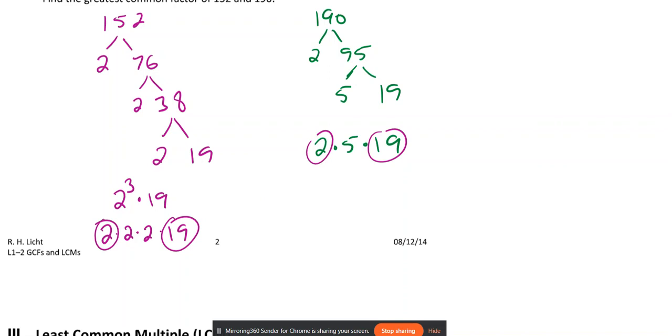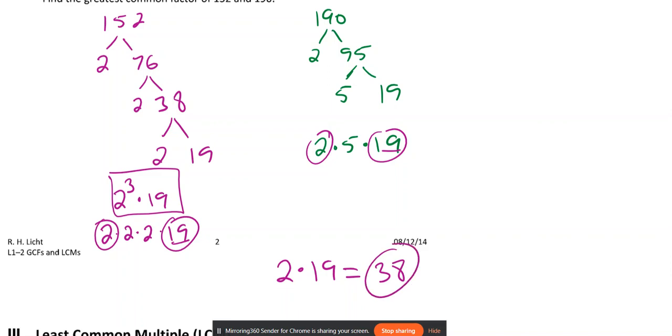So the rule here is if a number shows up in both, you write it down, and you take the smallest power. So this was to the power of 1, so it's just the 2. Does that kind of make sense? And then we'd multiply that by 19, since 19 shows up in both. So it's going to be 2 times 19. Okay, so what's the greatest common factor here? 38.